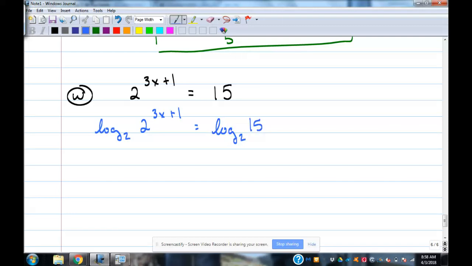On the left side, what happens with the log base 2 and this 2? They cancel each other out. We get 3x plus 1. What do we know about the log base 2 of 15? It's just a number. It's a big, long decimal number. That's all we know about it. So how do we get x by itself now?